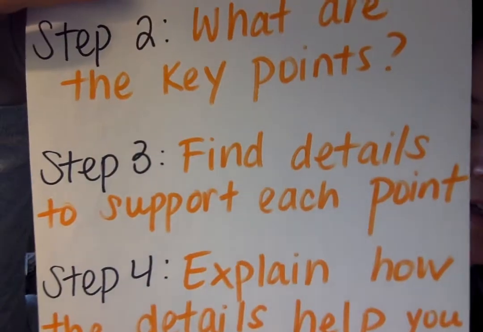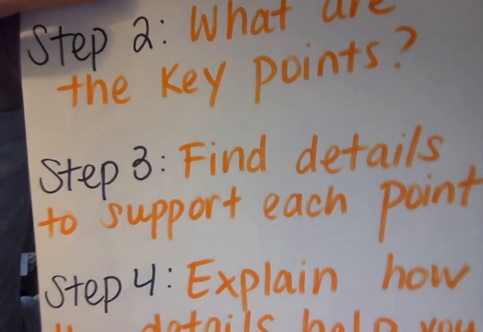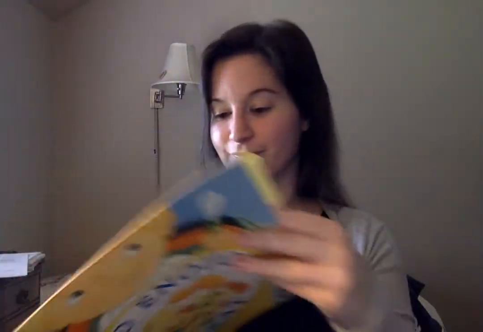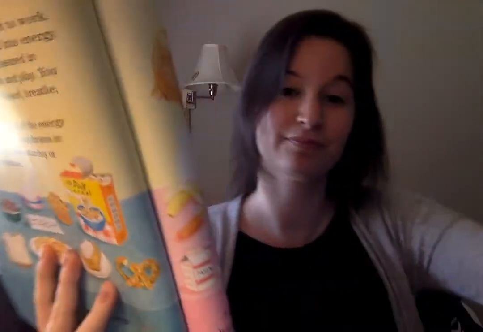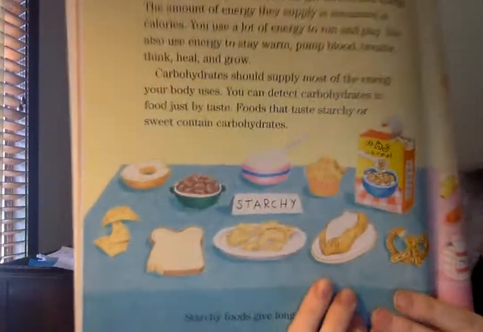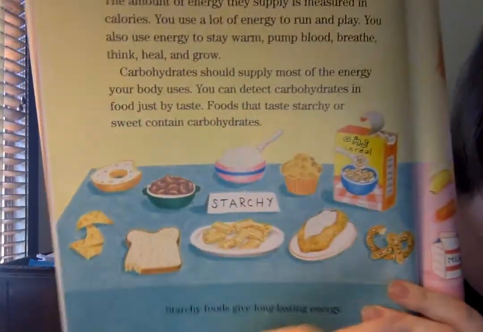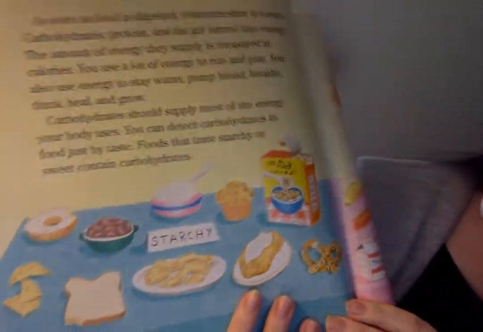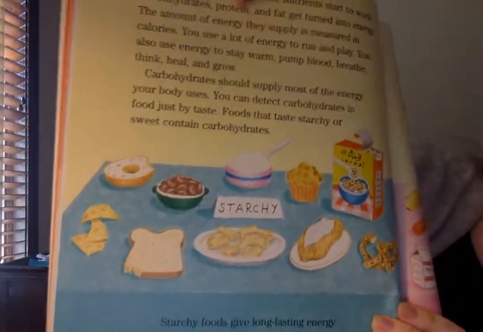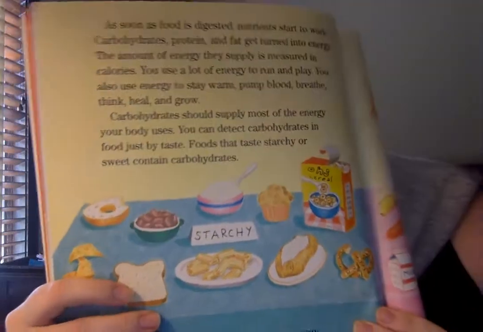Step 3, find details to support each point. So one detail that I found to support this point is right here on this page where the author is talking about carbohydrates. So here I'm going to read you the paragraph that I found that supported this key point that the author made. So it says here, actually I'll read this little section above as well just to give us some background.